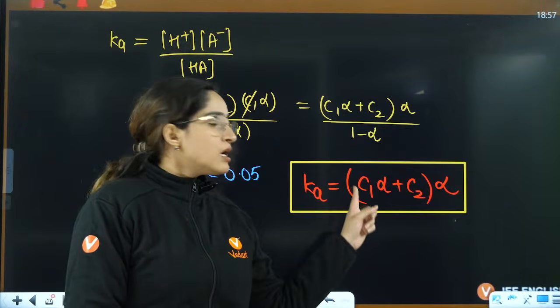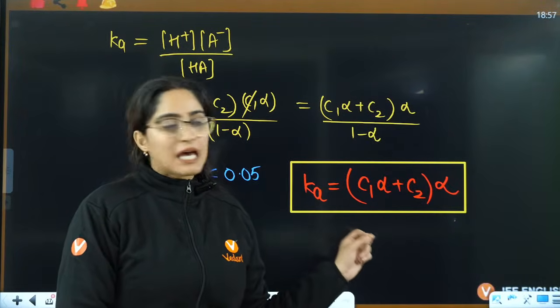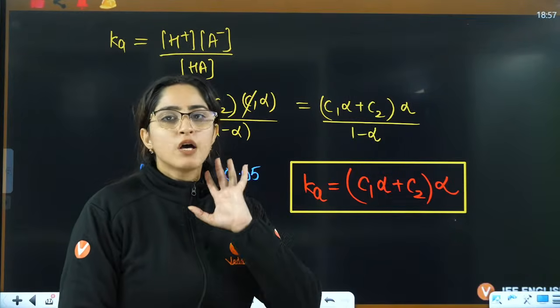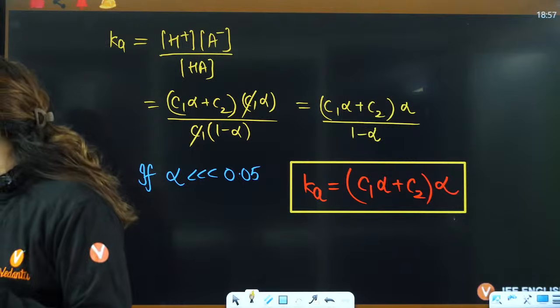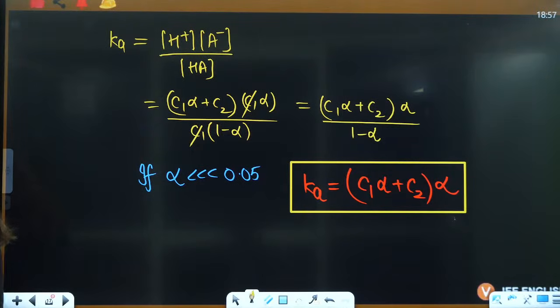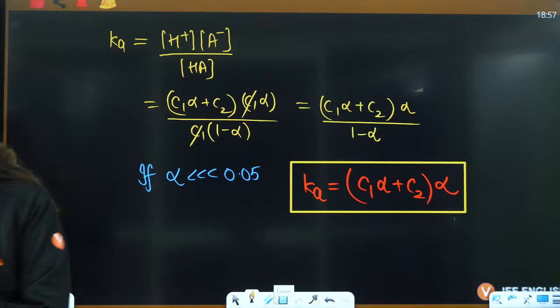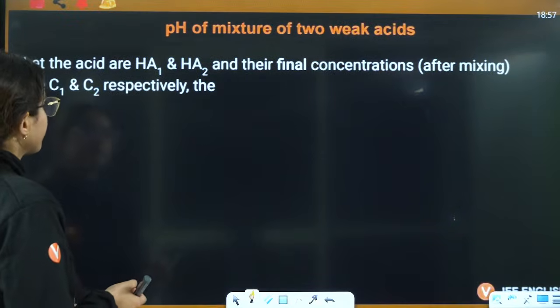C1 is the concentration of the weak acid, C2 is the concentration of the strong acid. Okay? Is that clear?